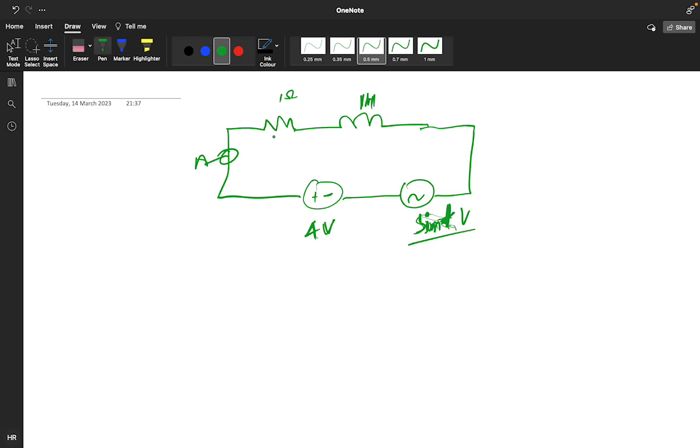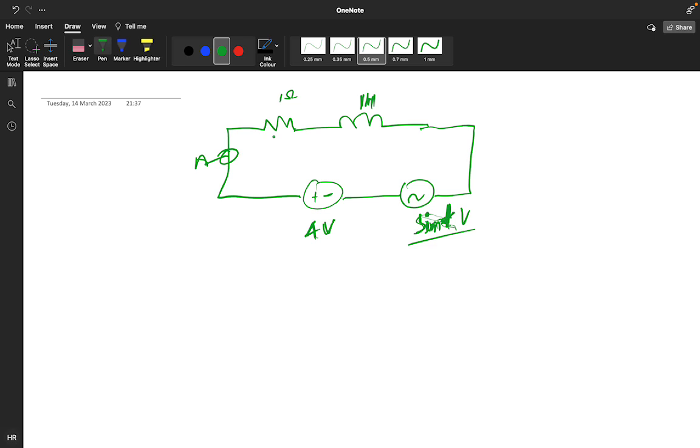You have a 1 ohm resistor, 1 Henry inductor, a positive negative 4 volt DC source, and your sin t. You have two voltages, one is DC voltage and one is sinusoidal voltage. Then what will the ammeter reading be? 4 ampere. 4 ampere? No, it won't be 4 ampere.